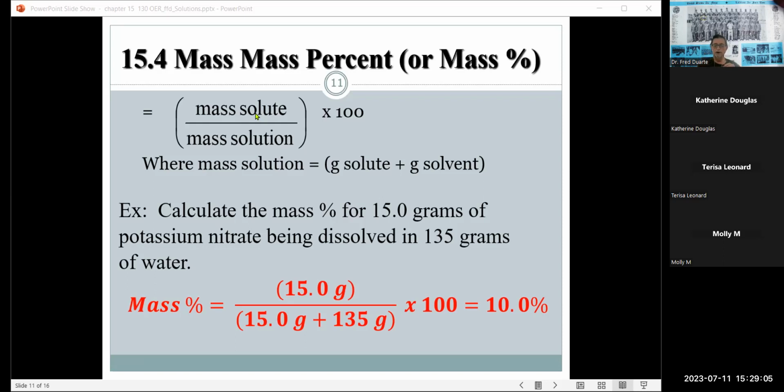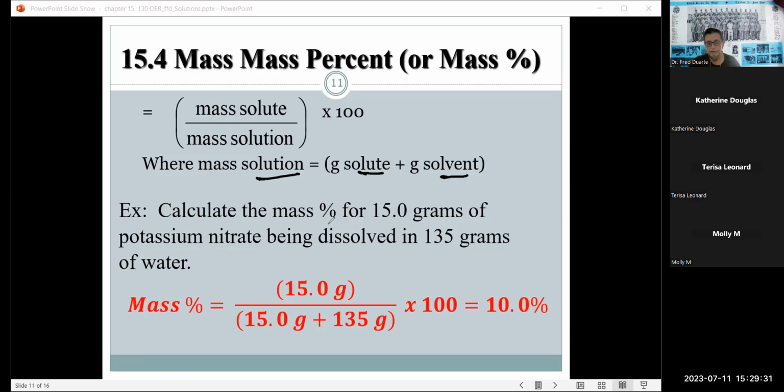And that's where the error sometimes occurs because students don't take that into account. Here we're talking about a solution. Remember, by definition, a solution consists of a solute, which is in lesser concentration, and a solvent. Whether this is aqueous or non-aqueous makes no difference.